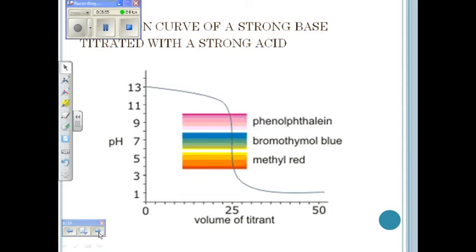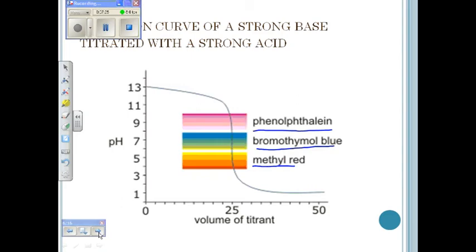So what's the pH here going to be? At the equivalence point, what's the pH? 7. Still, whenever a strong acid reacts with a strong base, the equivalence point is 7. Now notice that they have 3 indicators here, because you always want to pick an indicator that changes color during your endpoint or during your equivalence point.